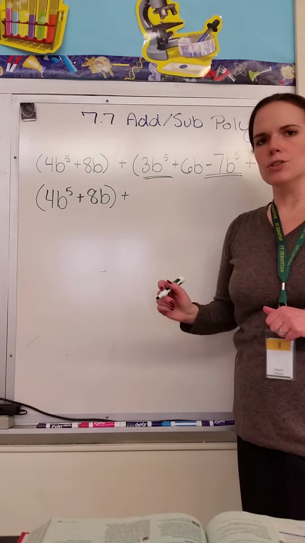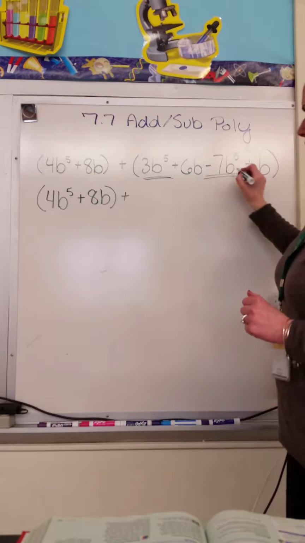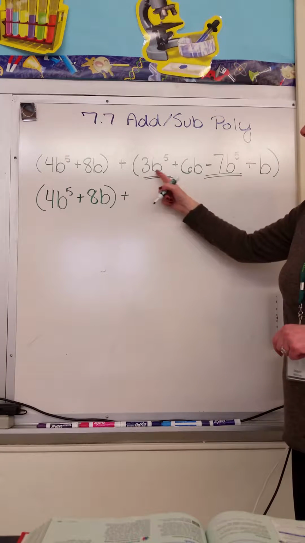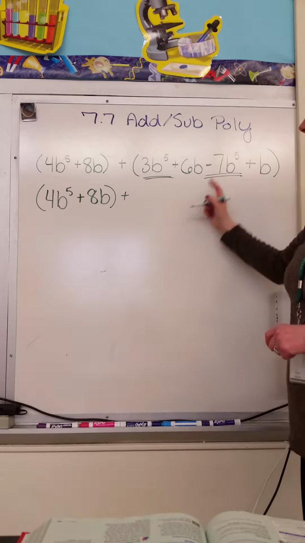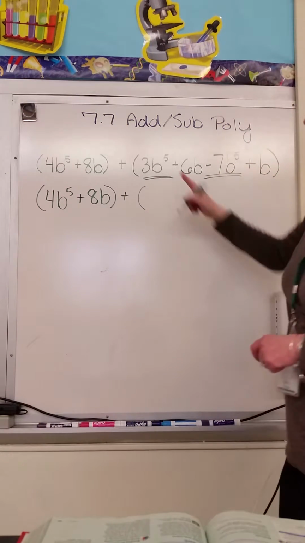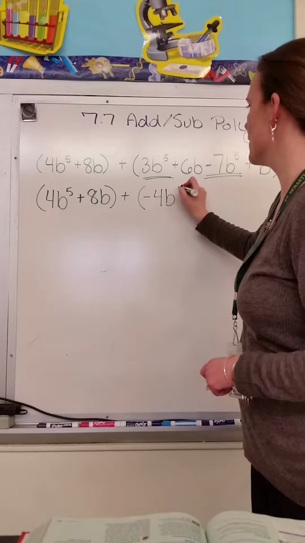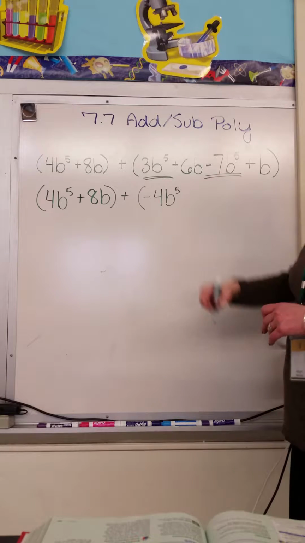Make sure that you're looking at the sign that's right before the coefficient and the variable. So this is 3b to the fifth. This is read like negative 7b to the fifth. So when I combine those, I'm getting negative 4b to the fifth. It wouldn't be 10 because this is negative.